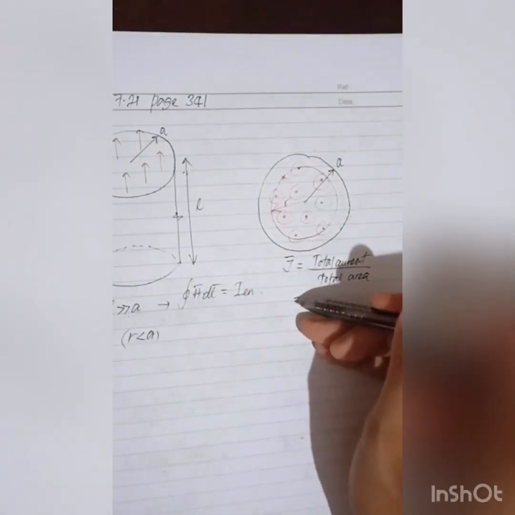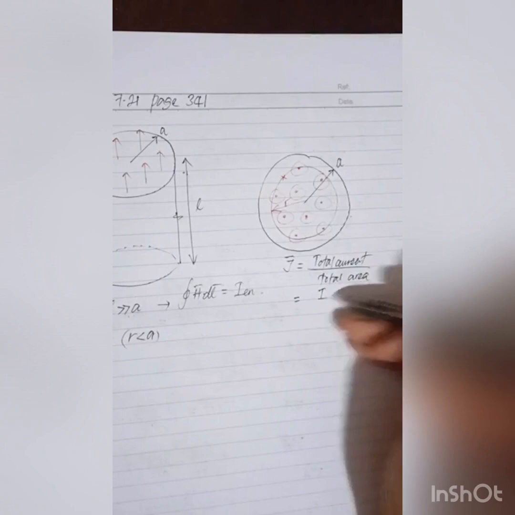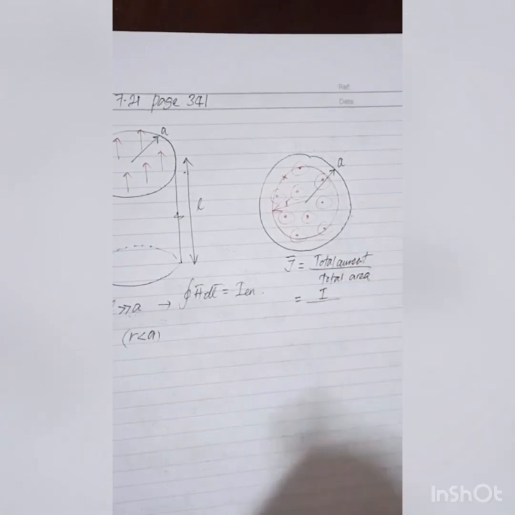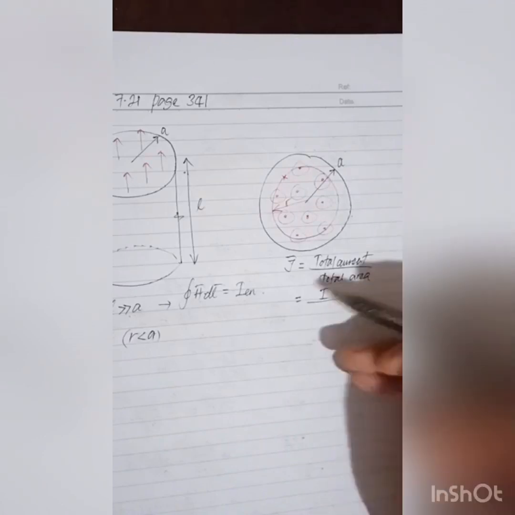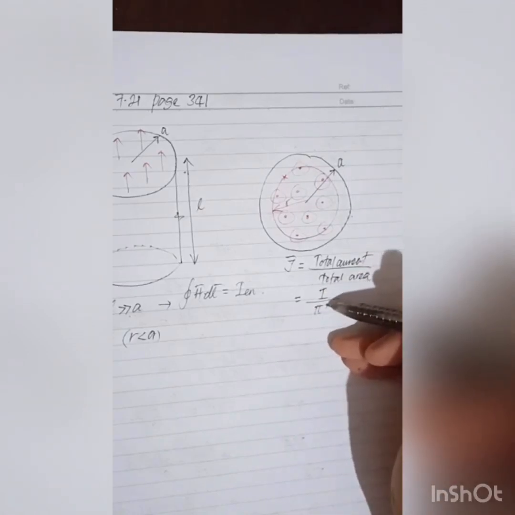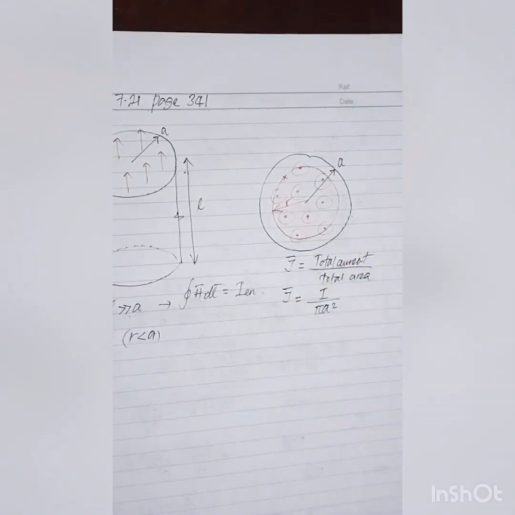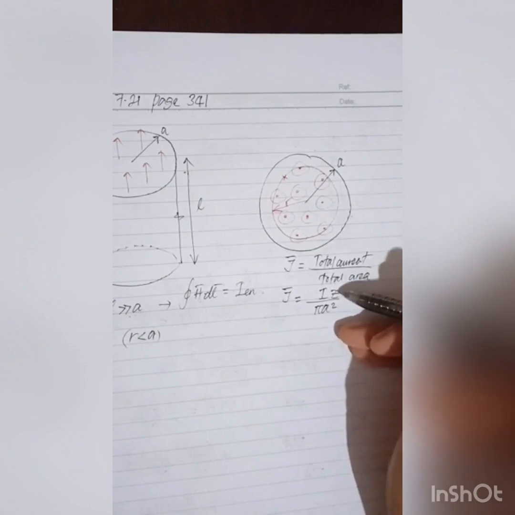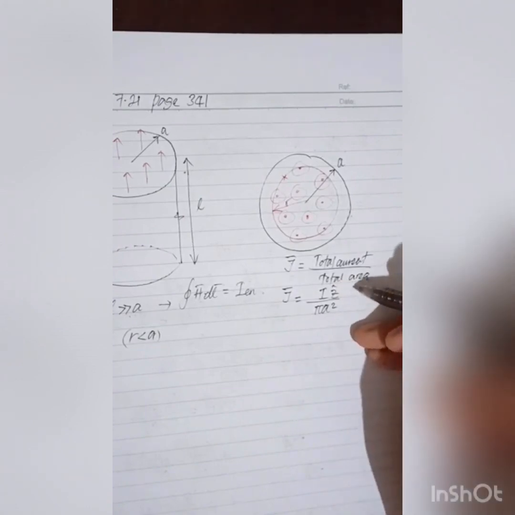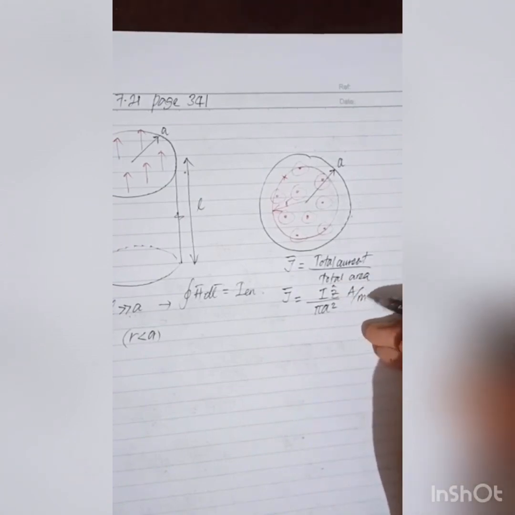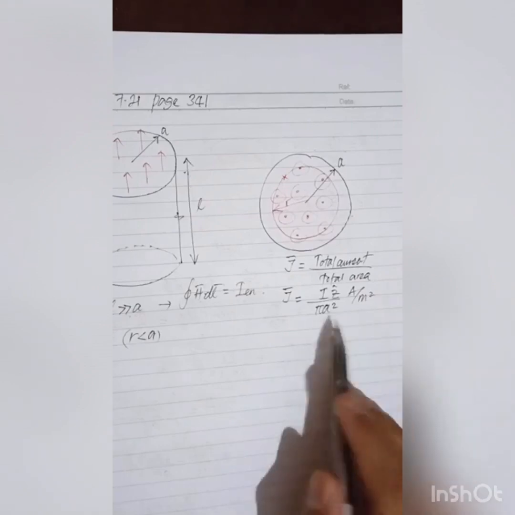So from here you have the I given, and now just divide by its area. Since it is a circular area, you can just put pi a squared, and we know that the J here is flowing in the positive z direction, so you simply put the z direction, with the unit of ampere per meter squared for the area.